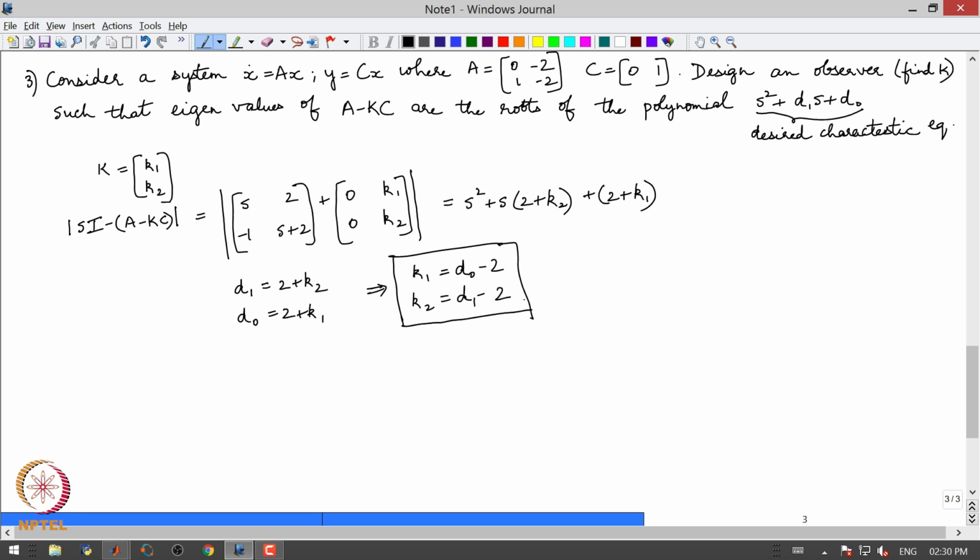This is how we can place the eigenvalues or the poles of the observer system such that they are equal to the roots of this given polynomial.